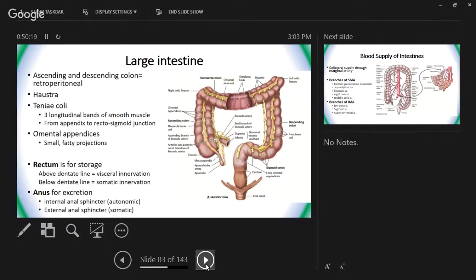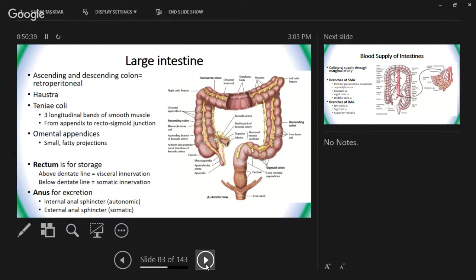Large intestines: ascending and descending are retroperitoneal. Transverse colon sort of hangs, it's intraperitoneal. You've got haustra, you've got taenia coli, and those little appendices epiploicae, little bits of fat that just hang on.